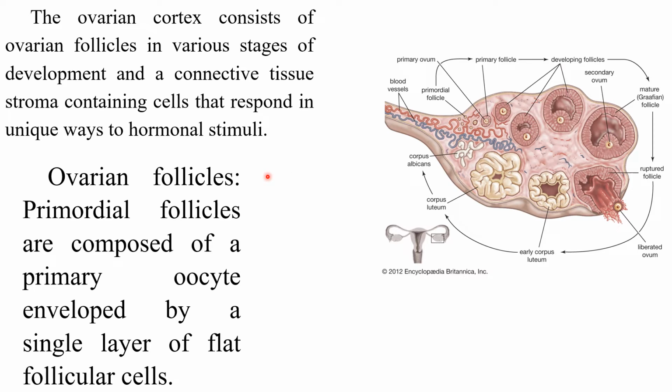The ovarian cortex consists of ovarian follicles in various stages of their development and a connective tissue stroma containing cells that respond in unique ways to hormonal stimuli. As you can see here, the cortex of the ovary is fully composed of follicles at different stages of their growth and development.